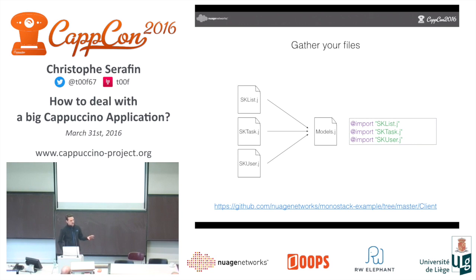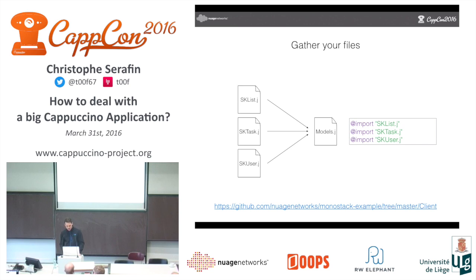You have multiple objects. All those objects, you put them in a single file, and you import this file. You have a complete example of this one, not the VSD, but this one, on GitHub. So it's based on the presentation made by Antoine this morning. So if you want to take a look, you're welcome.